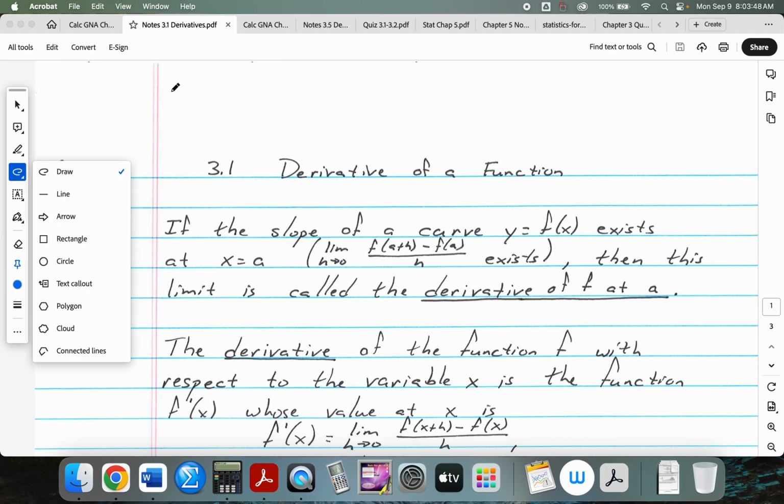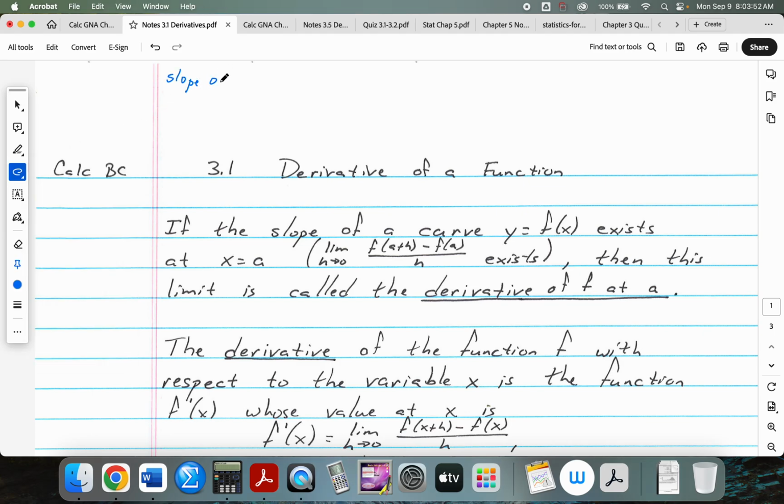So slope of a curve at x equals a, slope of the tangent at x equals a, and the derivative of the function at x equals a.